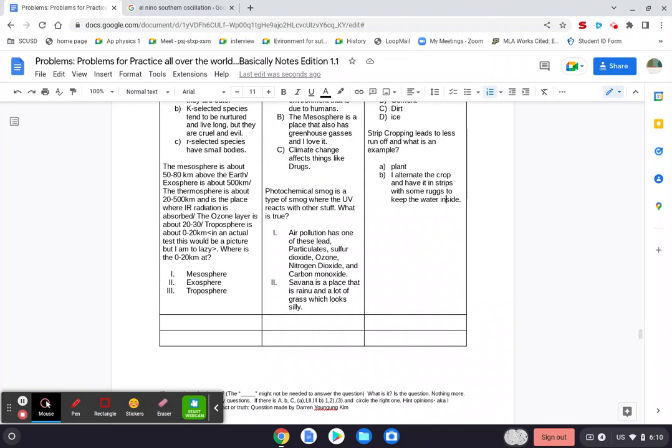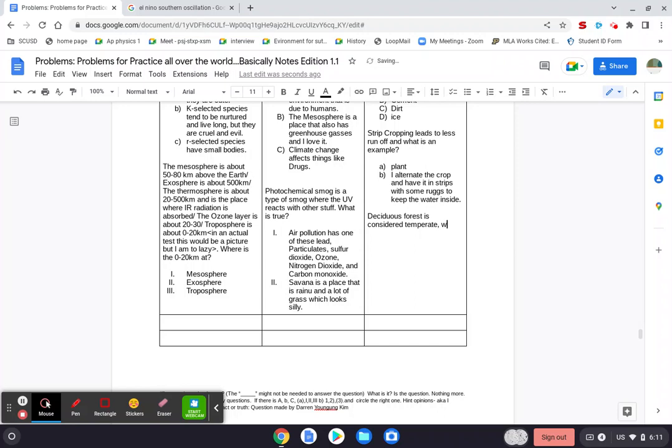Chaparral, we did. The citrus forest, did we do that? The citrus forest is temperate, by the way. So if you didn't know, the citrus forest is considered temperate.